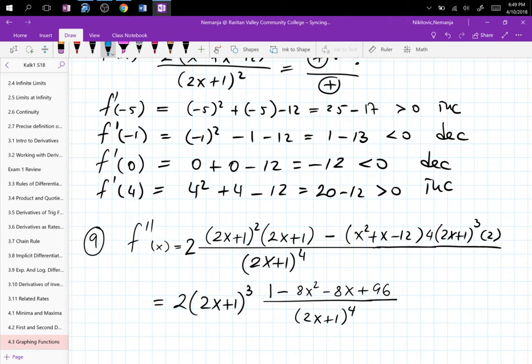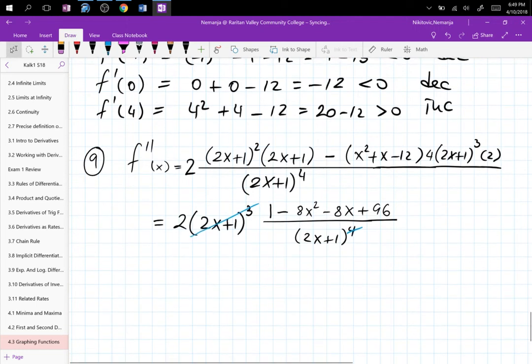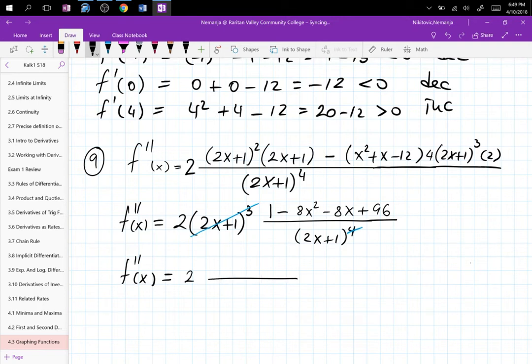But then these guys cancel, and just have 2x plus 1 there. So your second derivative is, when you combine everything, 2 times, and over here we have negative 8x squared minus 8x plus 95, no, plus 97, over 2x plus 1.